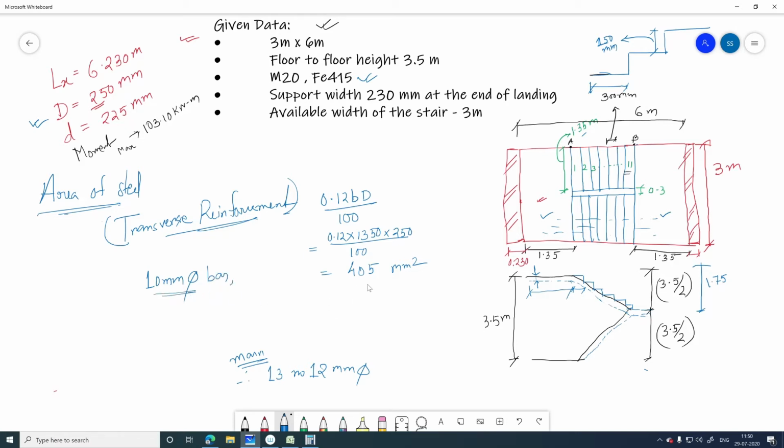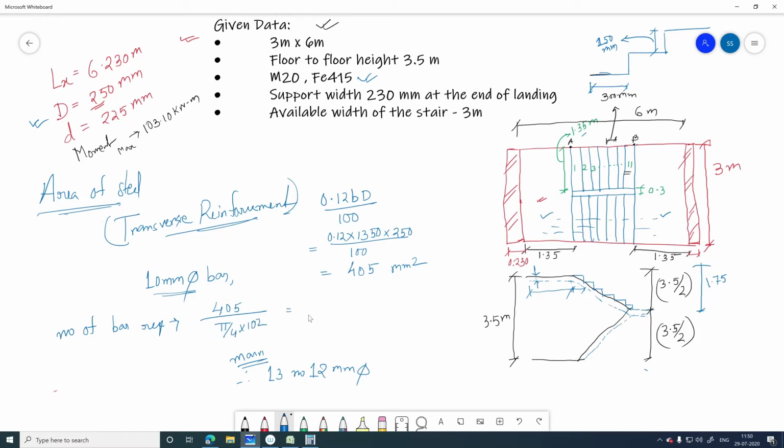So how many numbers of bars are required? The numbers of bar required is 405 by the cross sectional area of a single bar, that means pi by 4 into 10 square.